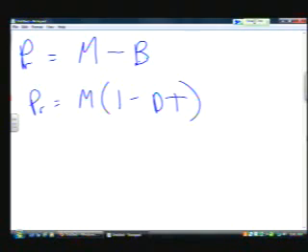Now, the D times T, let's go ahead and multiply this out and see what we get. Take M times (1 minus DT), and what do you get, Rachel? This is just distributed out. So just start with M times 1 is what? It's going to be M minus M D T. You got it. M minus M D T.